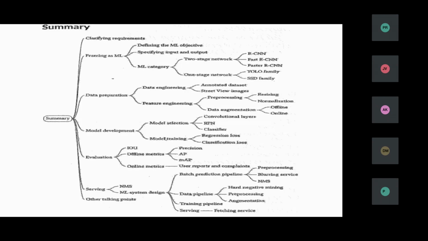Then we discussed the model development. We selected the model, where a normal RCNN was used, and we discussed the convolutional layers, the region proposal network, which is RPN, and the classifier.